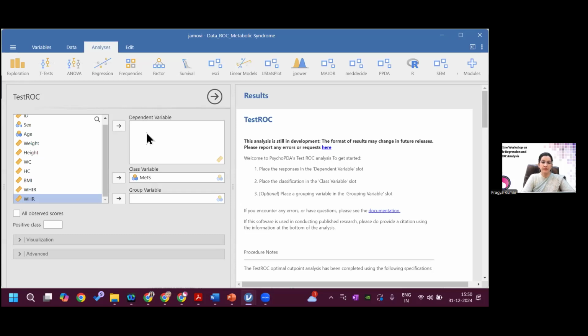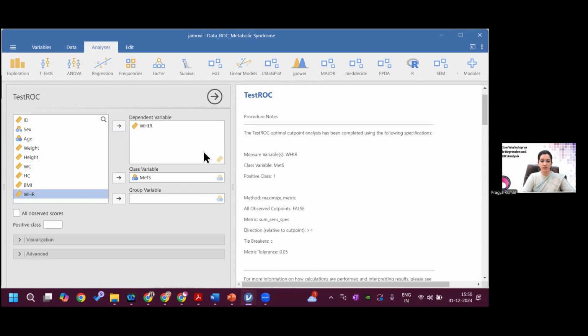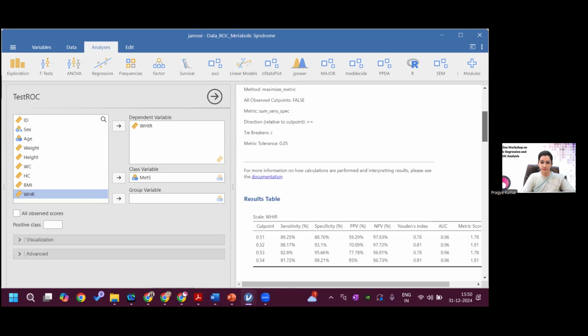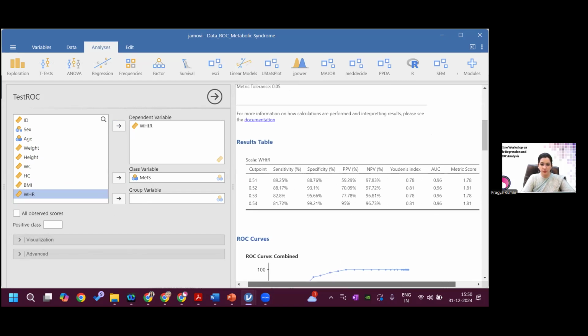In the dependent variable, first I will show only with one test. Let's say I'll show with the waist height ratio, because the author has recommended this to use as a cutoff. And then you can see, even if I have not done anything, it gives you 4 cutoff points, 0.51, 0.52, 0.53 and 0.54.